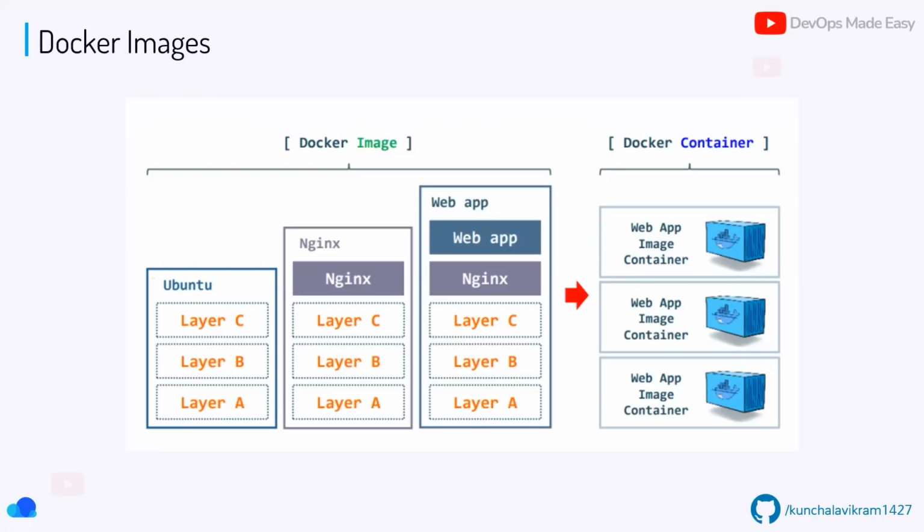Okay. So let's take a simple case of a Docker image which is based on Ubuntu OS. When we say Ubuntu Docker image, it is not a complete Ubuntu operating system like a 2 GB, 3 GB operating system. Okay. It is a very basic Ubuntu image. It will have minimal features.